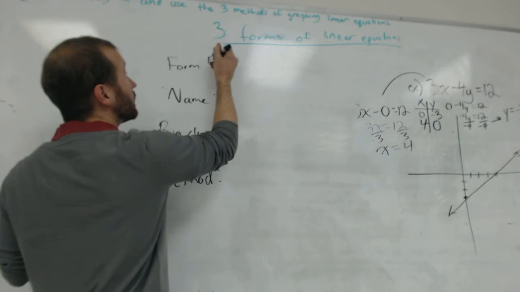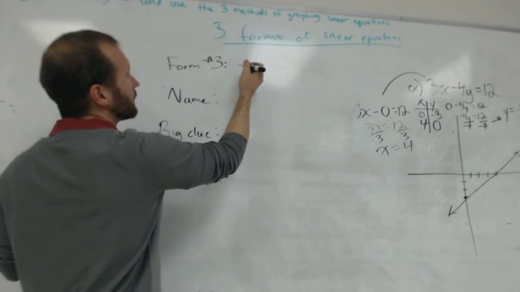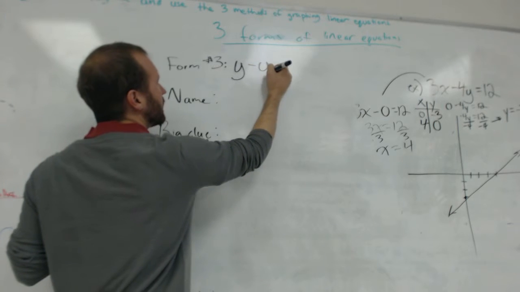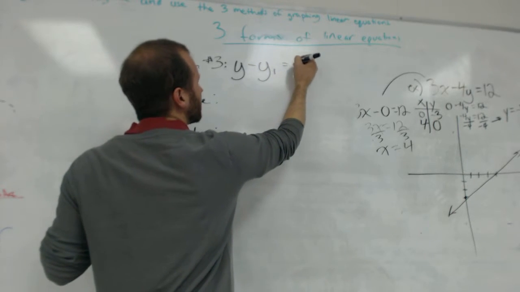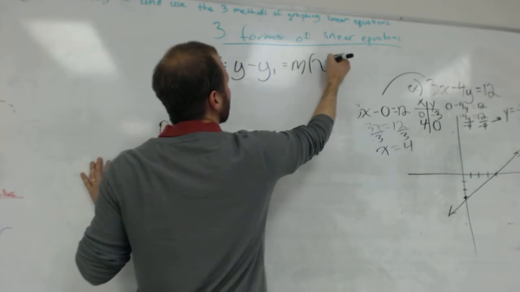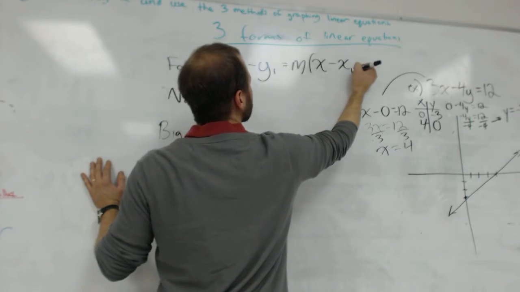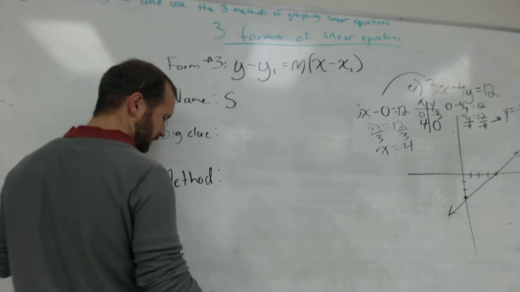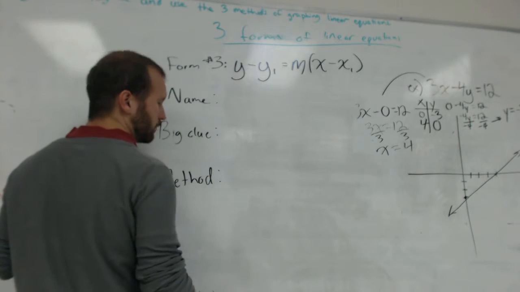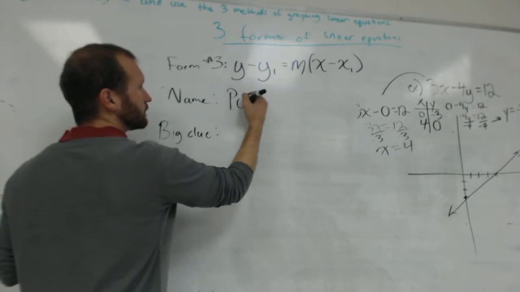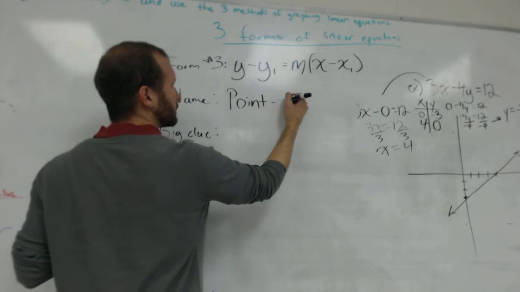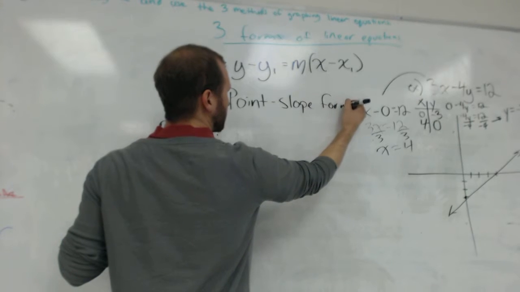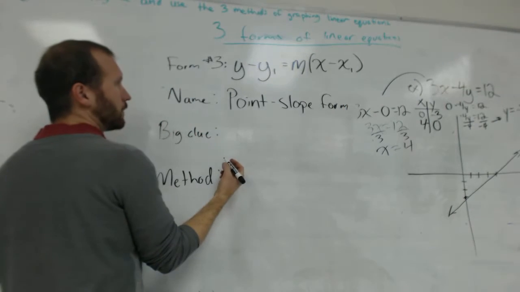Form number 3. This is y minus y1 equals m times x minus x1. This form is called point slope form. Big clue?